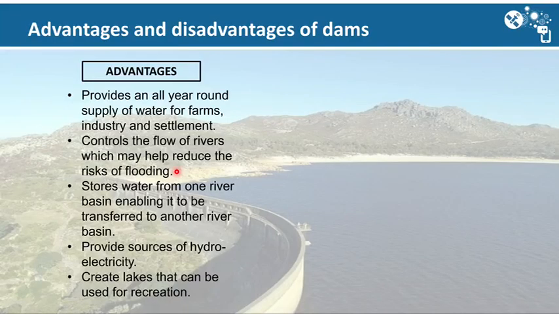Right? Then it stores water from one river basin, enabling it to be transferred to another basin. That's exactly what we've done in the previous slide. It provides sources for hydroelectricity, and creates lakes that can be used for recreation. These dams can also be used for recreation. So those are the advantages.